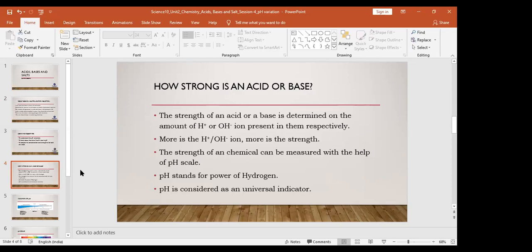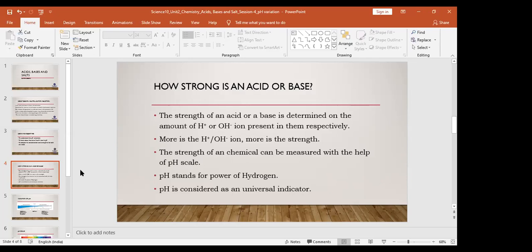Dishita, how will you relate the strength of an acid or a base with the amount of H plus and OH minus ion? Ma'am, to find that, we use the pH, which is the universal indicator. pH comes in liquid form or as pH paper. No, I am asking you, what is the relationship between the H plus OH minus ion present and the strength of a chemical?